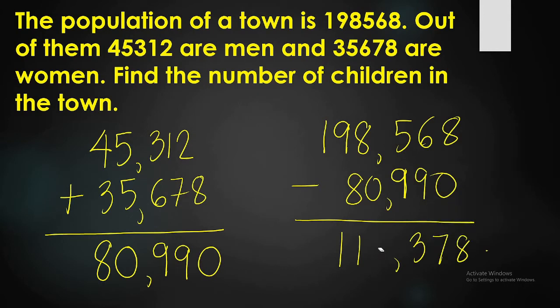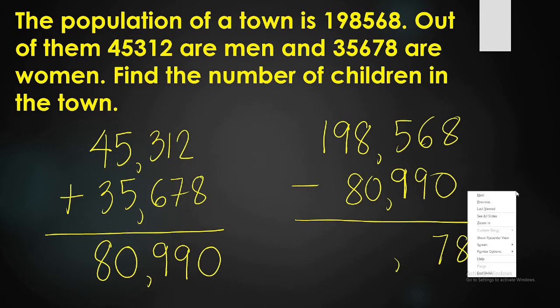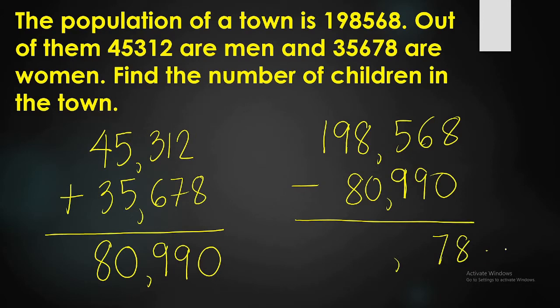What's the difference? Okay, what's the answer? Okay, that's 117,578. Now, this is now the number of children. 117,578 children. Okay. Let's go to our next problem.